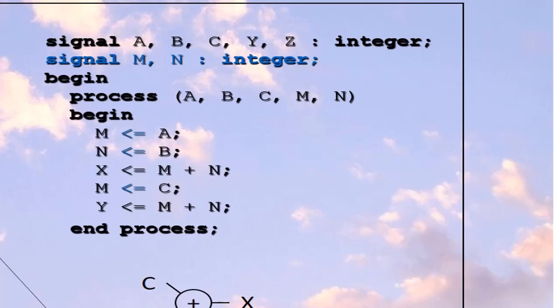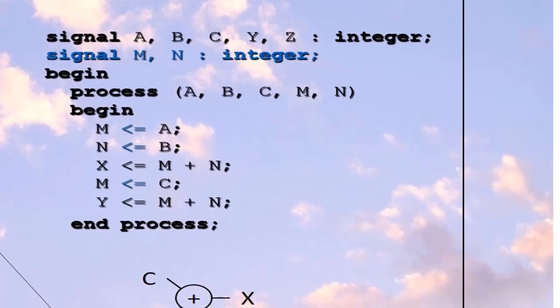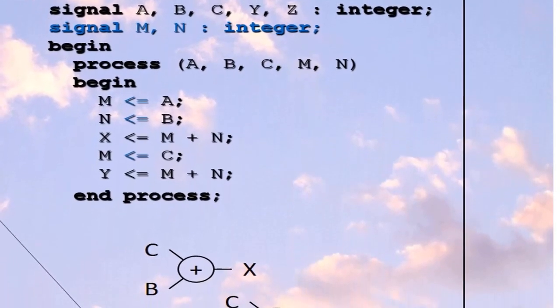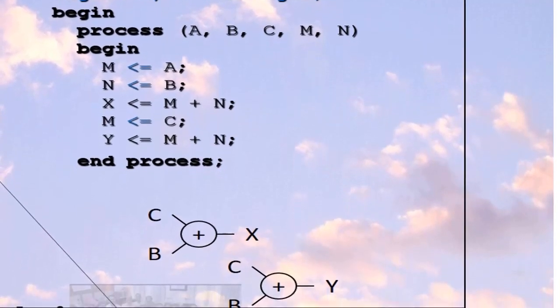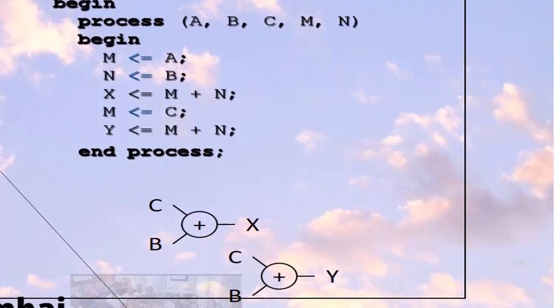Now here you are defining signals A, B, C, X, Z as integers, and M and N are signals. In the process, we say M is assigned the value A, N is assigned the value B, and now we say X is equal to M plus N. Then we assign M as C, and we say Y is equal to M plus N. See the difference. Earlier we had used the same instructions.